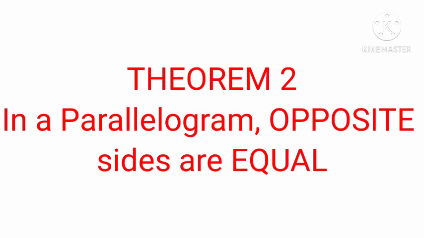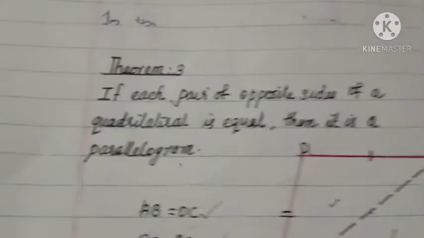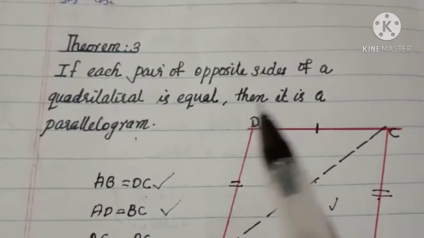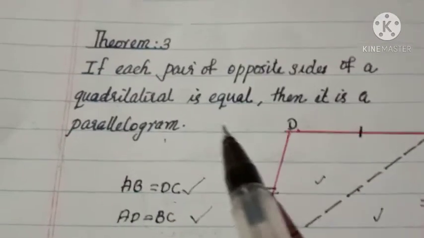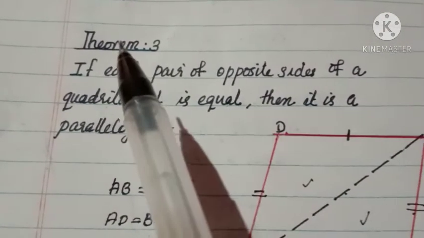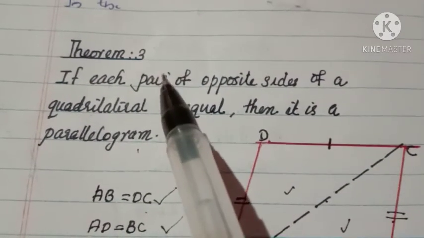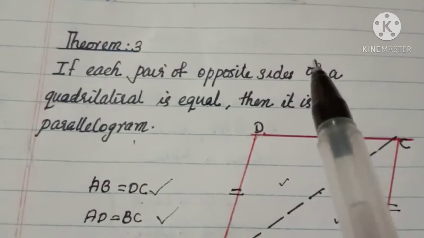Okay, let's see now. Theorem 3: if each pair of opposite sides of a quadrilateral is equal, then it is a parallelogram. Listen, we learned theorem 2. What is theorem 2? In a parallelogram, opposite sides are equal, isn't it?